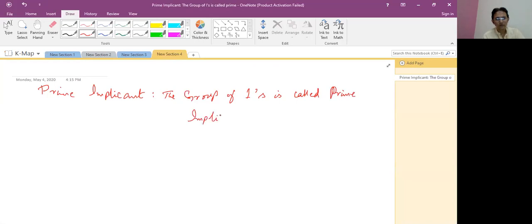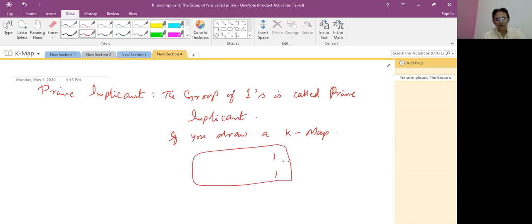For example, if you draw a K-map and the answer is in 1, 1, for example, if we consider this type, it means this loop, right?